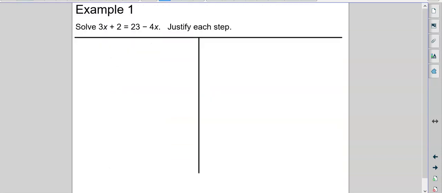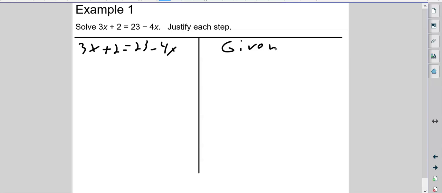All right, we're going to do this here step by step. So first off, we write the original 3x plus 2 equals 23 minus 4x. Okay, so we just wrote it down. So we just say given. That was what was given to us.